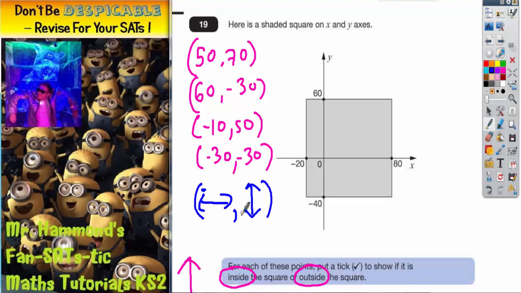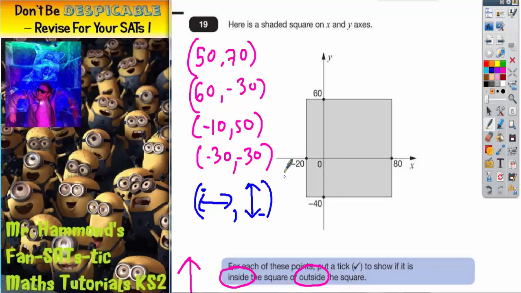You may have heard some of your teachers have said along the corridor, up the stairs. We should really think of along the corridor as being left and right, left if it's negative, and up the stairs could actually also be up or down the stairs, and you go down if it's negative, because when you go down, you go below 0, so it's negative.